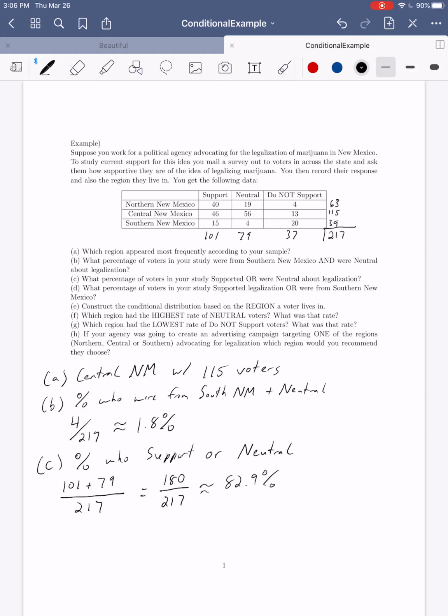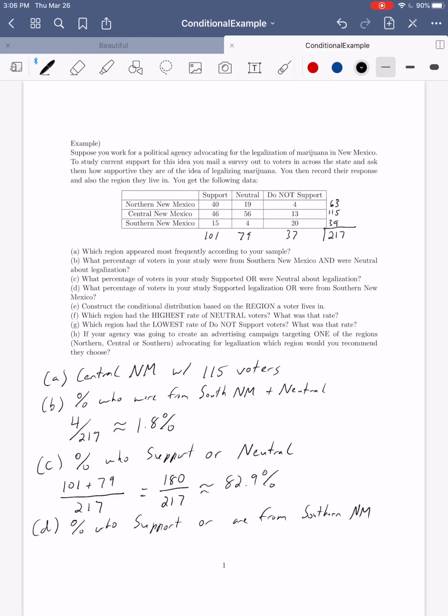All right, finally, we want the percentage who support or are from southern New Mexico. Well, we know that this is again going to be an addition because it says "or" here. So we can see that the number of people who support was 101 and the people from southern New Mexico were 39.